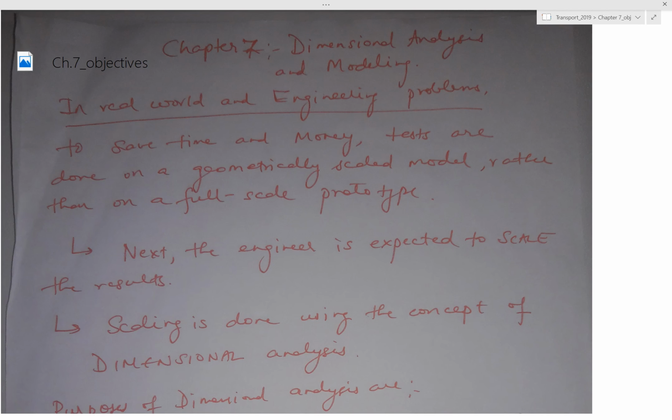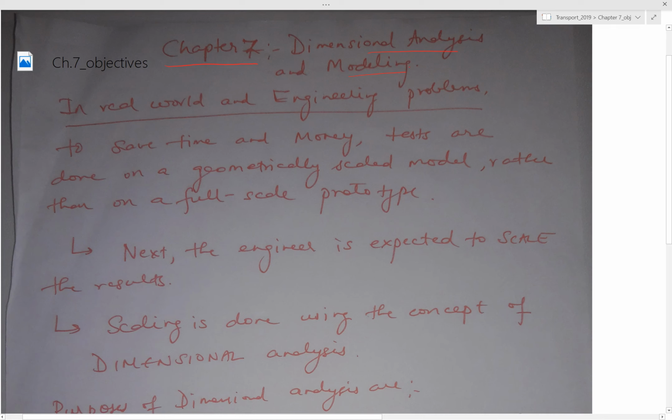So before we go on to fill in our PowerPoint worksheets, I just wanted to outline the main motivation behind chapter 7. Why is the necessity for students at this stage to know about dimension analysis and modeling?